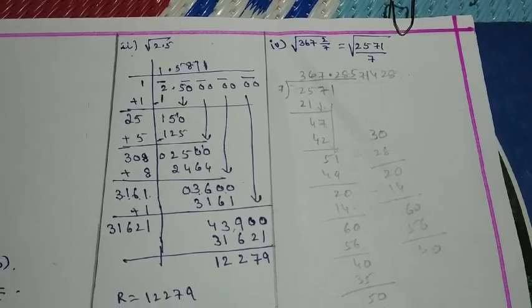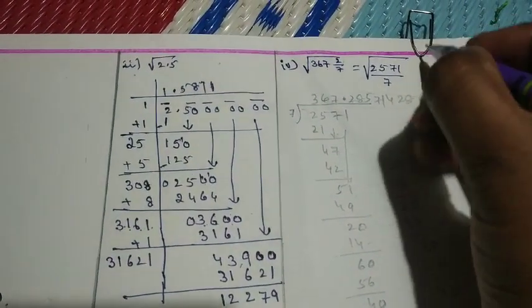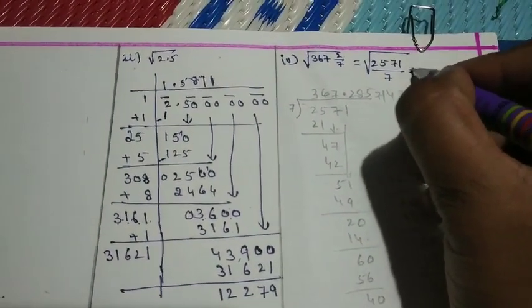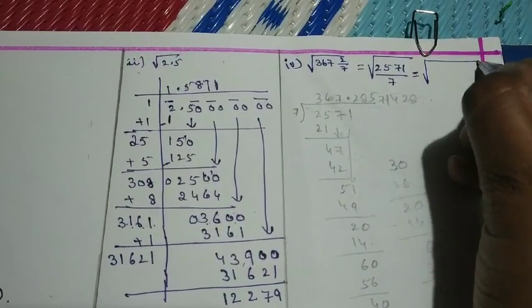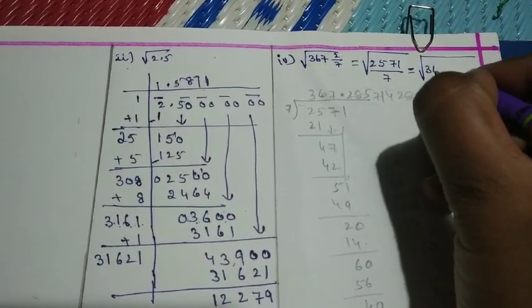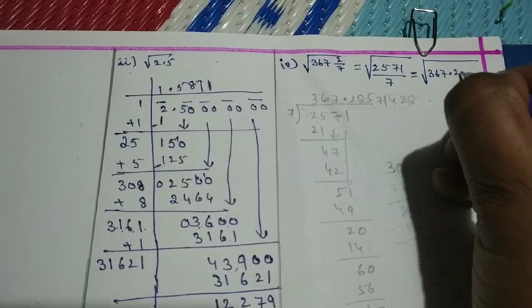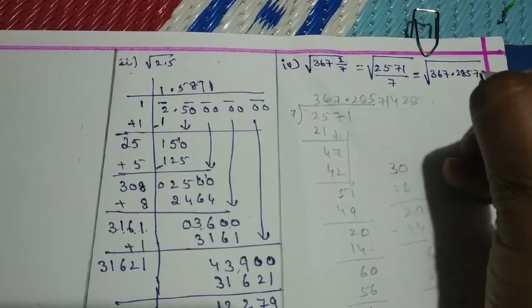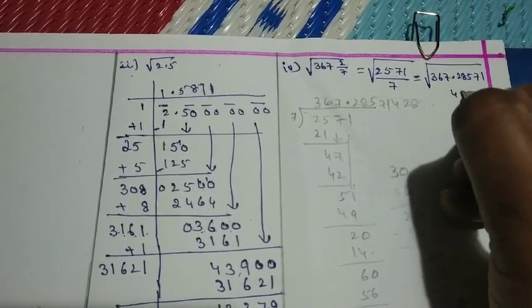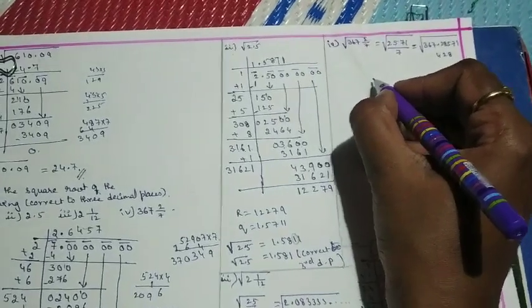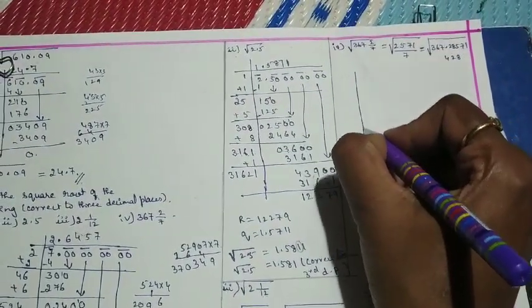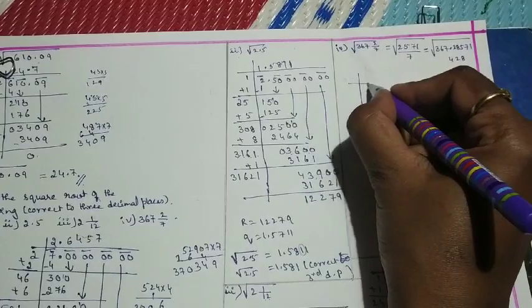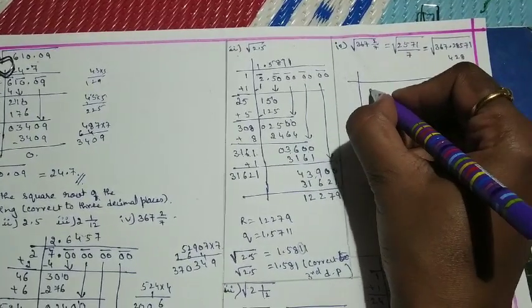So I'll stop the division here and I'll write the decimal number, whatever I got, that is square root of 367.28571428. So after this, write down the decimal number in their respective places to find its square root.